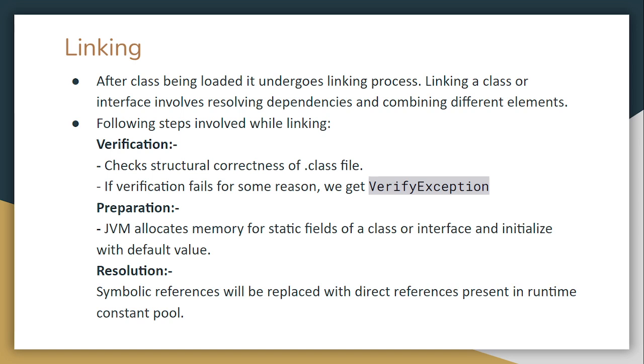But in the preparation phase, it will be initialized with false, because the default value of boolean is false. Next is resolution. Symbolic references will be replaced with direct references present in the runtime constant pool during resolution.